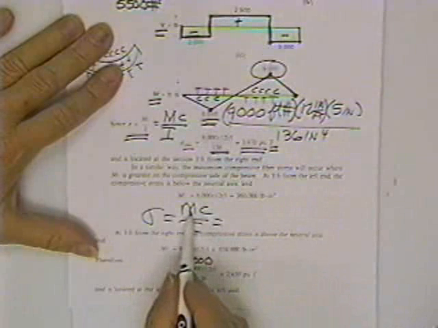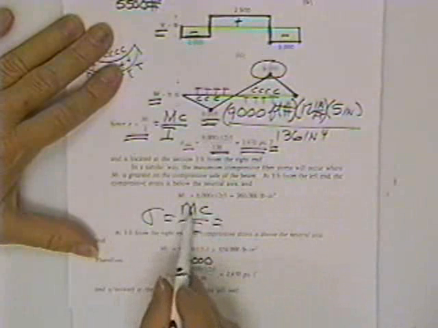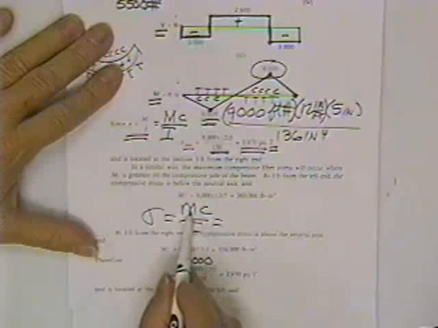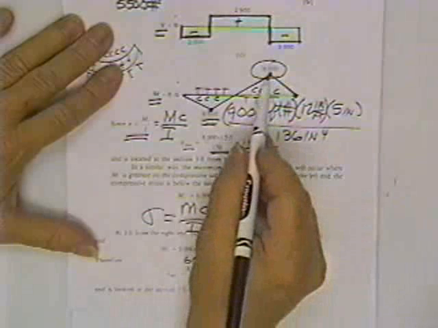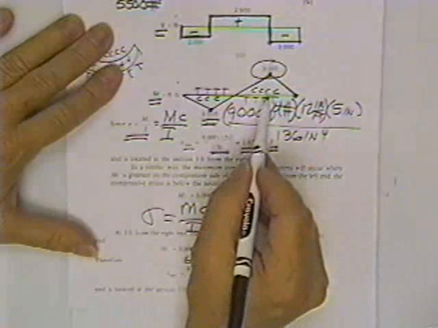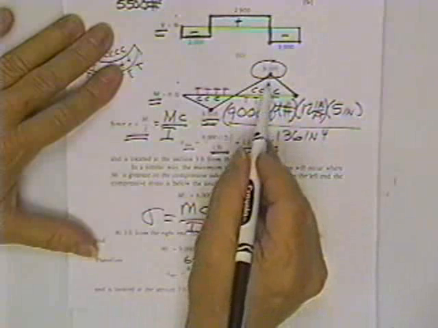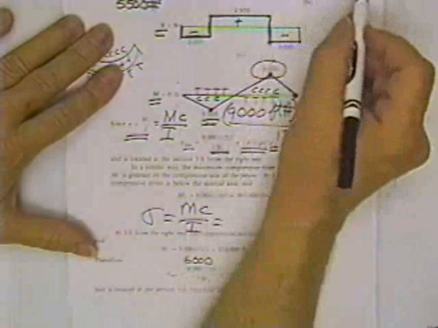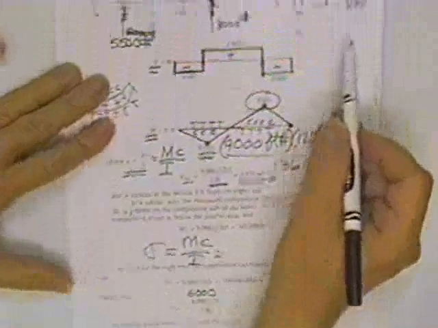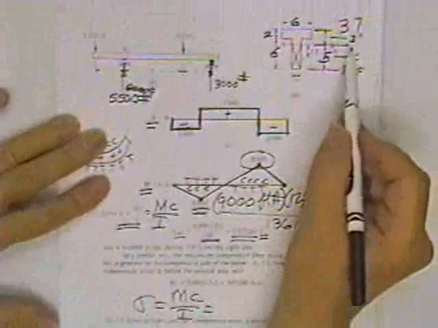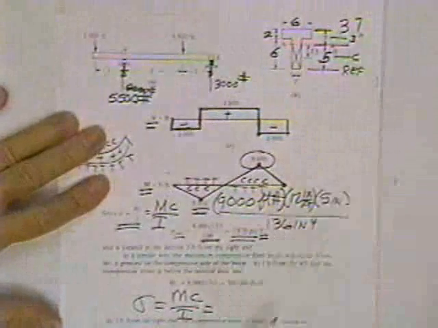If you go looking for the maximum compressive stress at the 9,000 spot, at this spot right here, you are forced to use the fibers to the top of the beam, and those fibers, they're only 3 inches up there. So let's just do that.